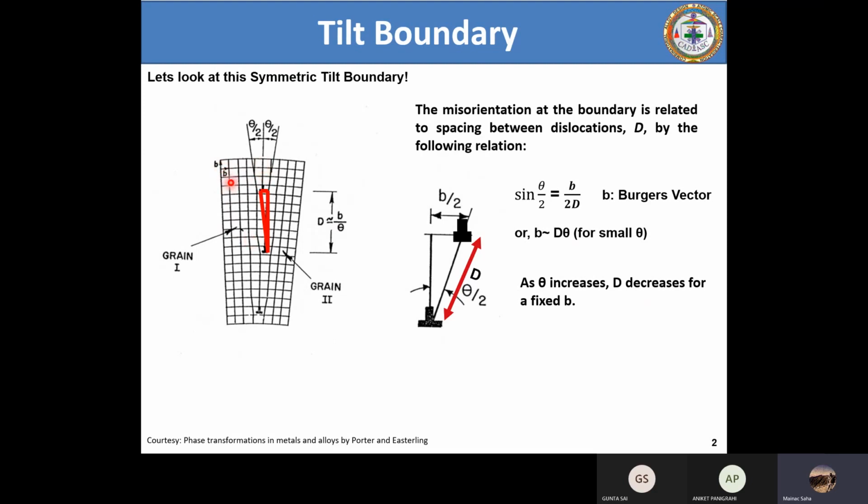This is the interface, but this is within one of the grains, grain 1, and this is the other grain, grain 2. If you look at the atomic arrangement within these grains, not the interface at all, then here you have the Burgers vector B, which is nothing but the Burgers vector of any dislocation that might be present here.